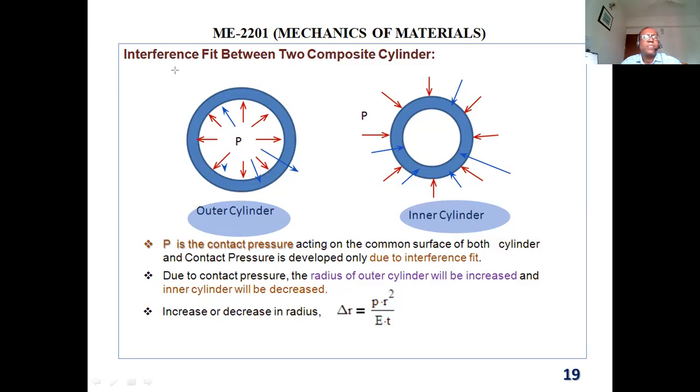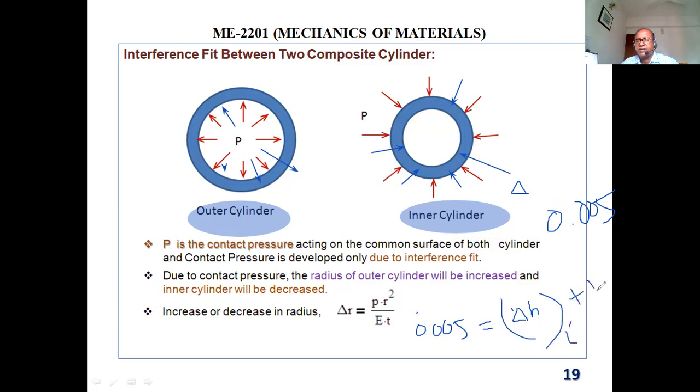If, for example, the radial interference delta R is given as 0.005 millimeter, you can say 0.005 equals delta R for the inner cylinder plus delta R for the outer cylinder.